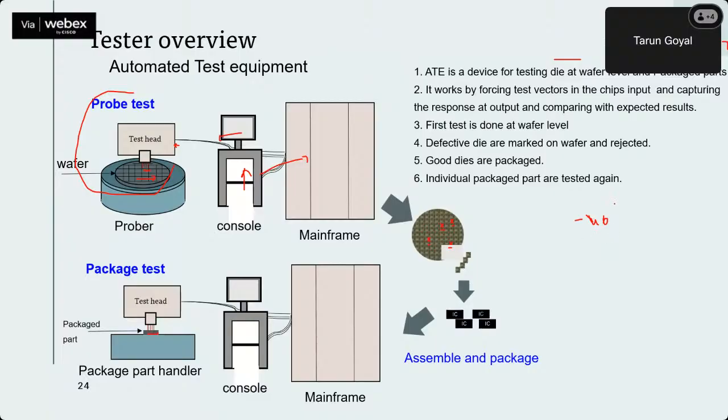So now we have all these environments: minus 40 C, 25 C room temperature, and 125 C hot. All these three temperature environments can be created on the tester, and we do testing.